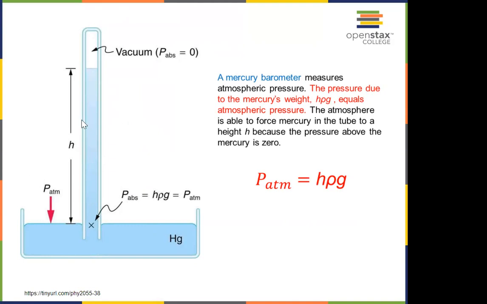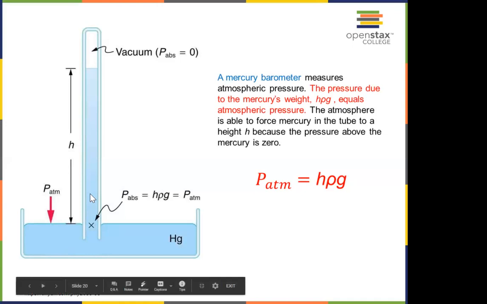The tube has one end open and the other end sealed. You put the sealed end at the bottom and the open end upward, then fill it with mercury to the top. You put something to seal the open end, flip it over, and dip it into a mercury bath.